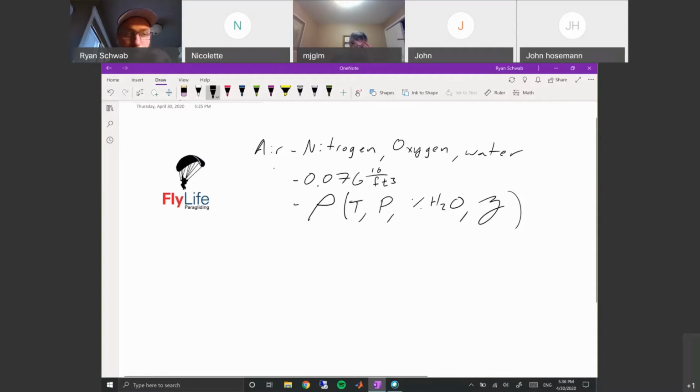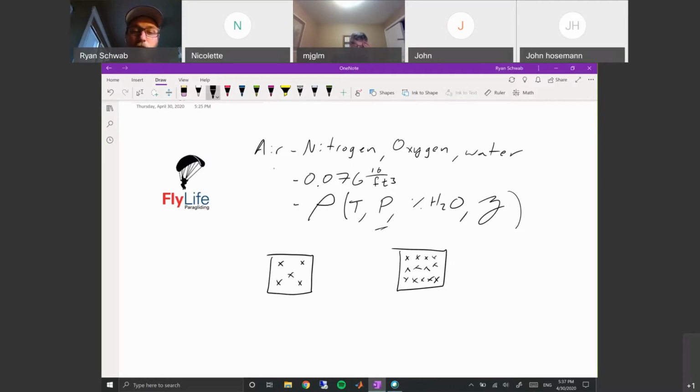Now with pressure, we can think about pressure as squeezing and pulling of the air. We can think about density as how many particles of air are in a given amount of space. So if we had these two spaces here that were the same area or the same volume, on the left here, let's say we have these 5 little air particles, and on the right here, let's say we have a whole bunch of these air particles, and they take up the same amount of space, but they're packed in there tighter.